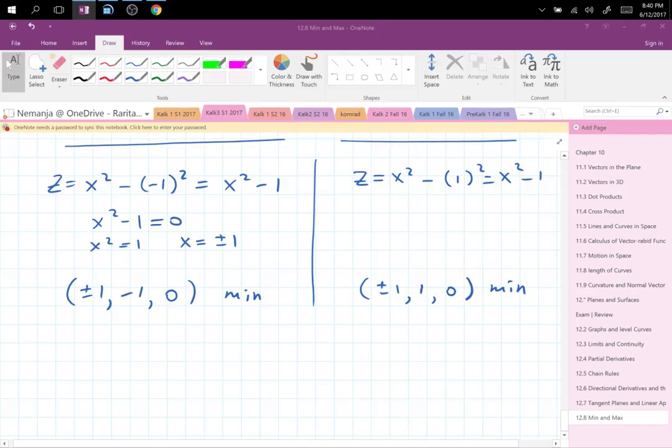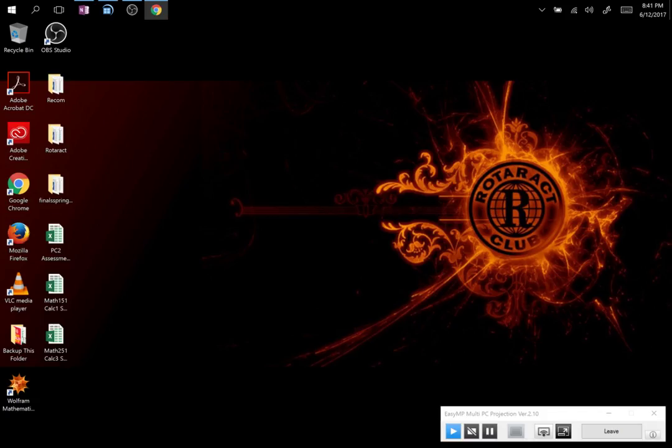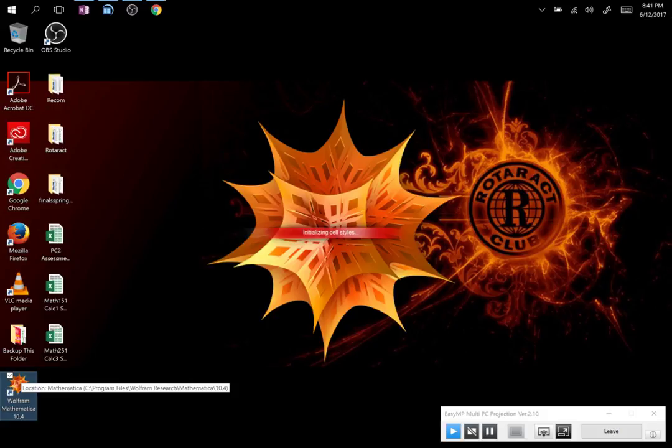We can draw this in Mathematica, see how it looks. Last time I tried to use Mathematica on this with stream and everything else, did not have enough bandwidth, so the whole computer exploded. Let's see.